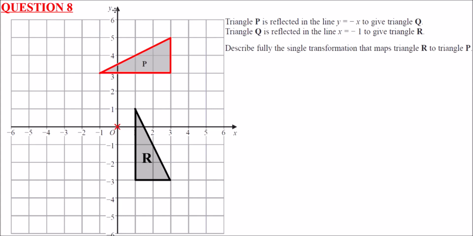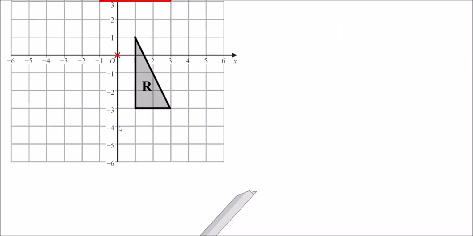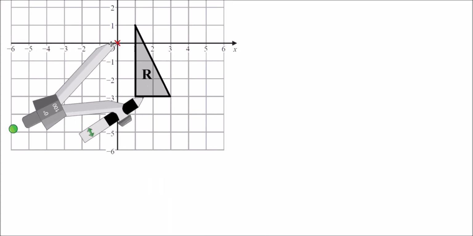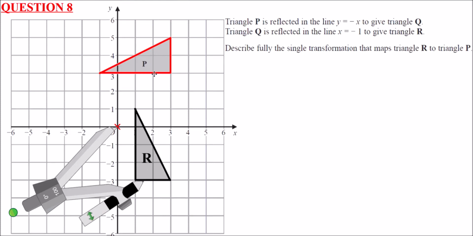So with tracing paper, hold down your tracing paper firmly with a pen, pencil or compass point, hold down the centre of rotation on that point, rotate around it. So I'm going to get my compass needle here, plonk it down, rotate around, and let's see if I land up on R if I rotate it about the origin.